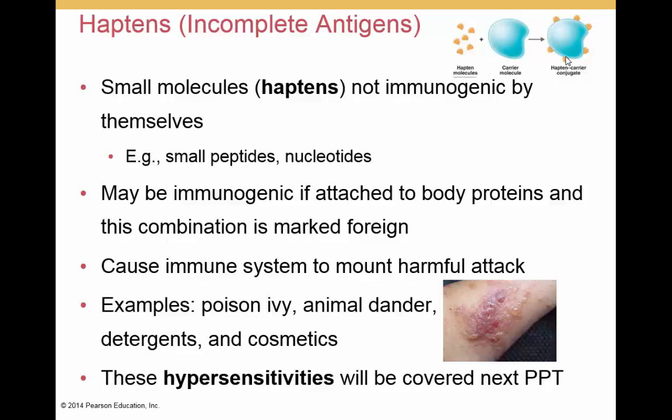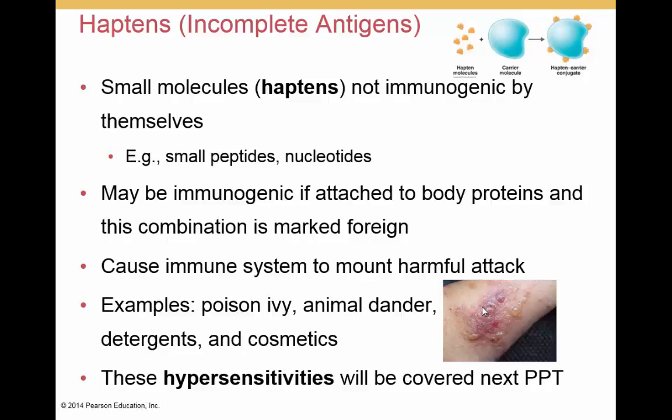Now, this is bad, right? Because those little haptens attach to your own protein. So now you're attacking yourself. Prime example, poison ivy. All right, the oil from that plant attaches to self proteins and elicits an immune response. If you have allergies to animal dander, pet dander, it will bind. It is a hapten.